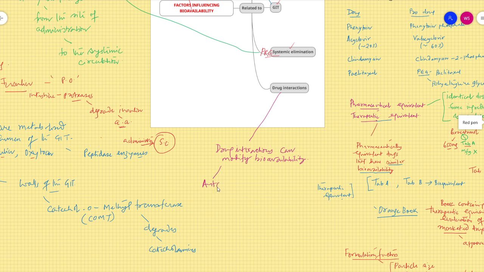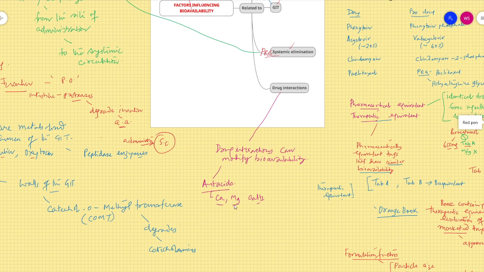Antacids. So what are antacids? They're given for hyperacidity or acidity in general. They're basically calcium or magnesium salts, so divalent ions usually. The most common antacids are calcium or magnesium salts.